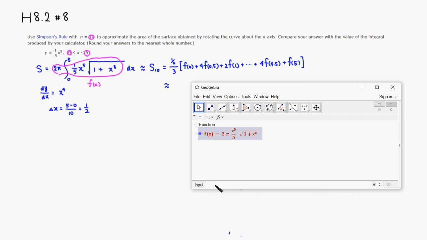So we have 1/2 over 3, so it's going to be 1 over 6, and multiply by f of 0, plus 4 times f of 0.5, plus 2 times f of 1, plus 4 times f of 1.5, plus 2 times f of 2, plus 4 times f of 2.5, plus 2 times f of 3, plus 4 times f of 3.5, plus 2 times f of 4, plus 4 times f of 4.5, and the last one is f of 5.